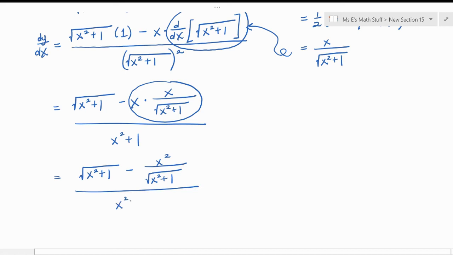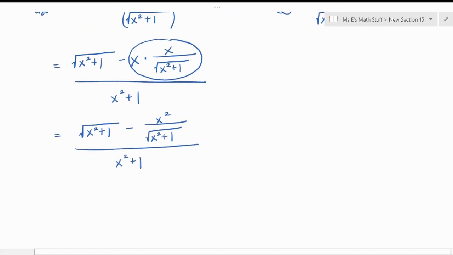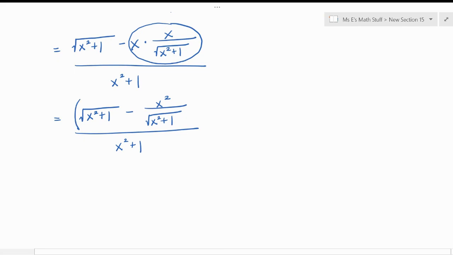like so. And then I think I'll get common denominator up here on the top. So getting both fractions over x squared plus 1 would mean I'd have this.